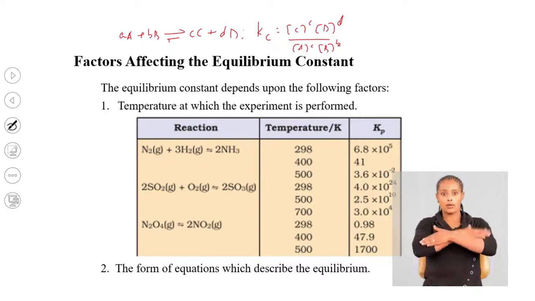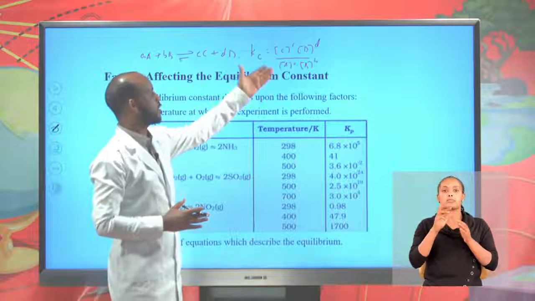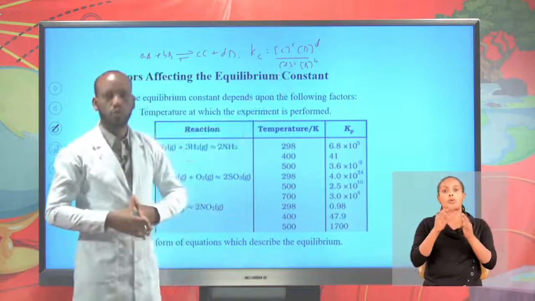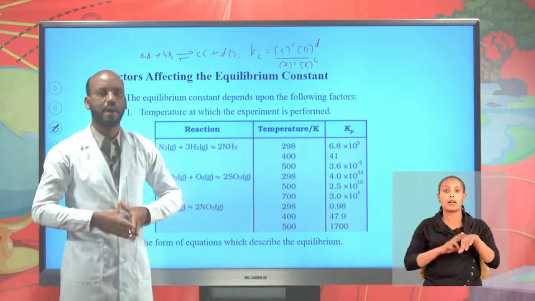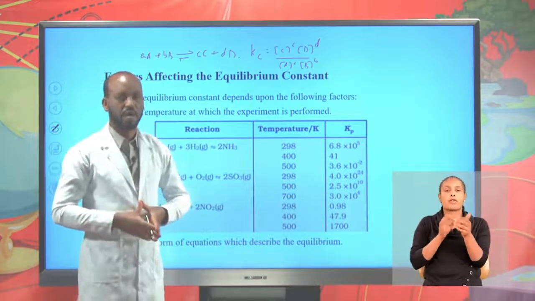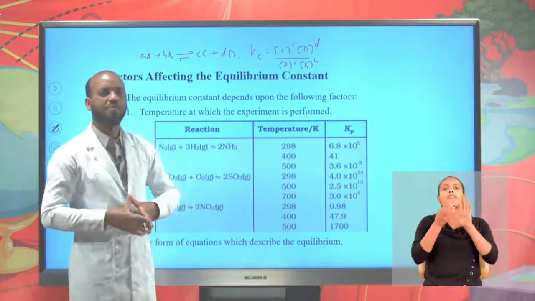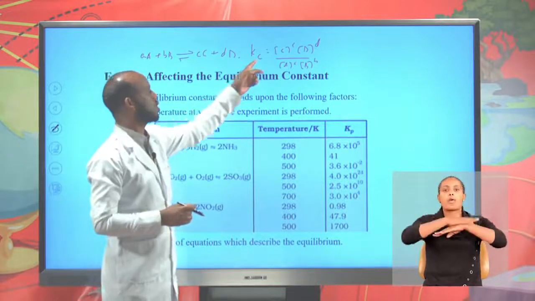Equilibrium constant is the ratio of concentration of the product to that of concentration of reactant raised to their respective coefficients. Now, what factors affect the equilibrium constant Kc?